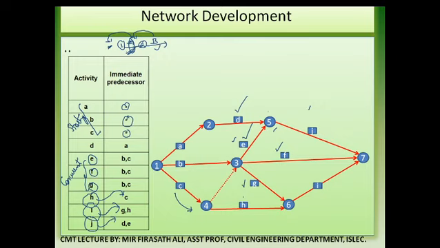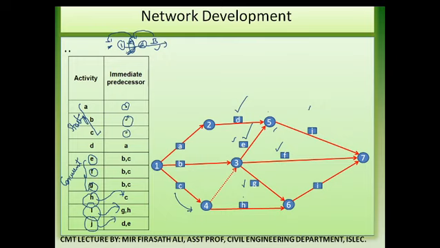Okay, I think you people have understood this concept, how to draw this network diagram. We have seen about 4 examples, one in the previous class and now 3 examples over here. In the coming classes we need to go deeper into network development, and we need to calculate float.